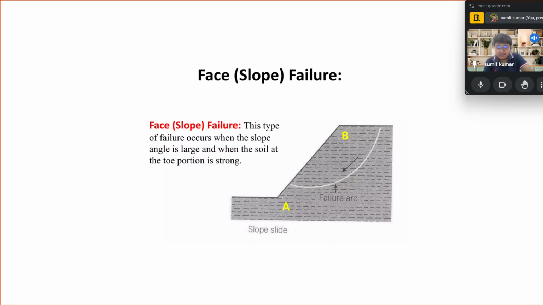One most important aspect about this type of failure is that the soil at the top portion is strong relative to the face, that is AB. As we have already said, the face failure appears in the third or fourth slide when we start slope stability. This is one of the most important aspects which we have seen over there.